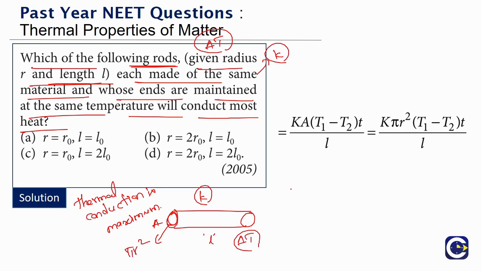So look at it, the rate of conduction. What is the formula? It is Ka into T1 minus T2. T1 and T2 are the temperatures at both the ends of the rod. One end it is T1, the other end it is T2. Here we take that T1 is more than T2. So Ka into T1 minus T2 by L, that is the rate of conduction.